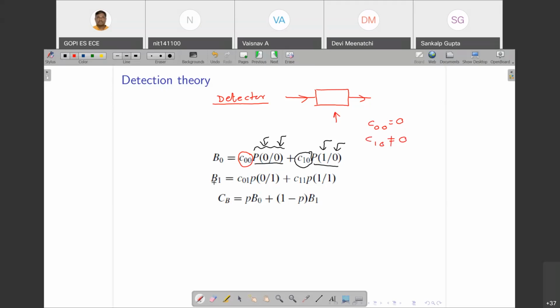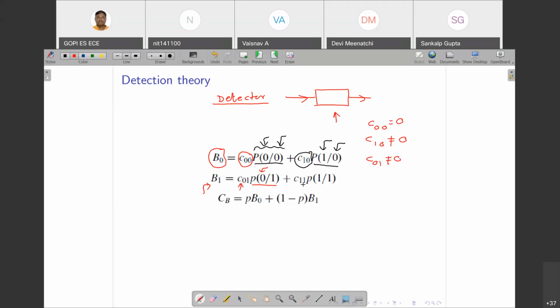And then you have another set of errors when 1 is transmitted. This is the error when 0 is transmitted, a cost function, and we have this error when 1 is transmitted. You see the probability of saying 0 when 1 is transmitted. This is the error, and we have a cost involved in it. That is C01, which is not equal to 0.